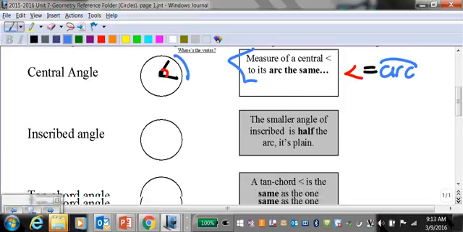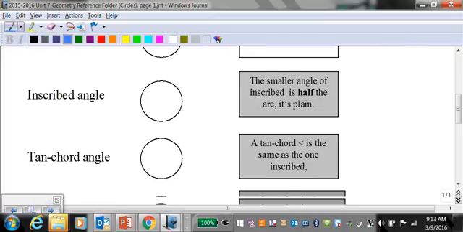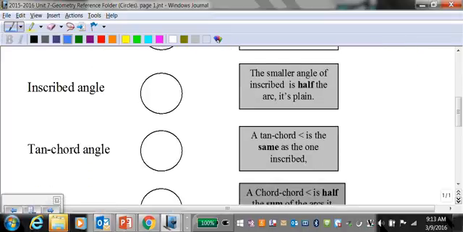Now, how many angles are we ultimately learning? 7. Okay, guess what? You are not memorizing 7 distinct equations, because if the vertex is in the same position, it's the same equation.